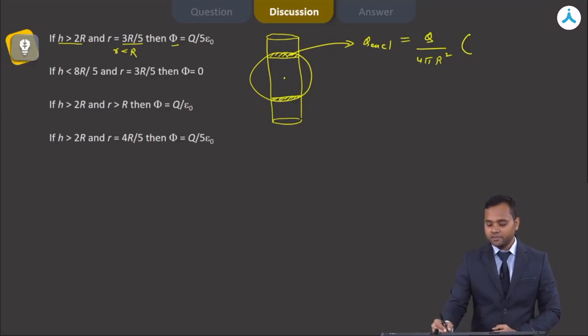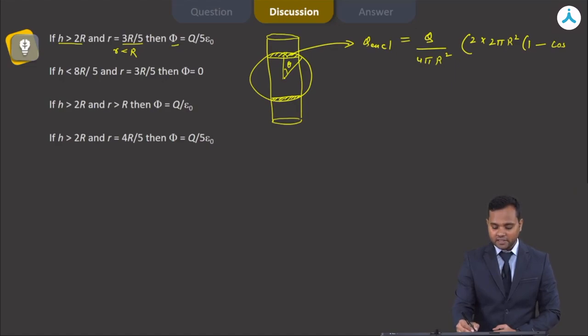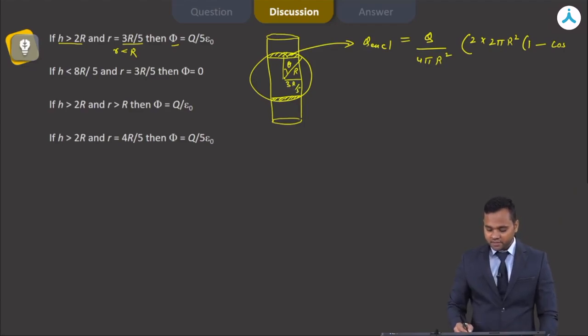That total area will be equal to 2 into 2 pi R square into 1 minus cos of this angle. By geometry, we can say that this is R and this is given to be 3R by 5, so this angle here is basically theta.